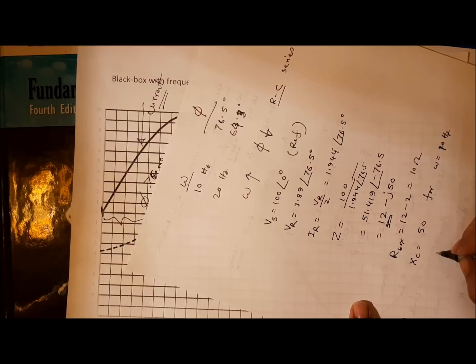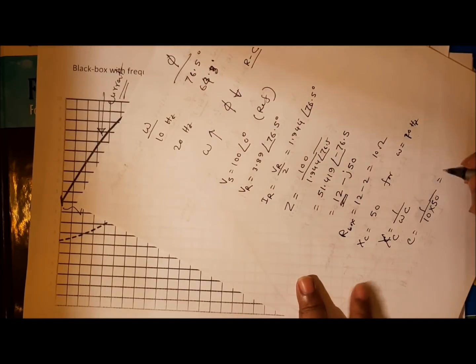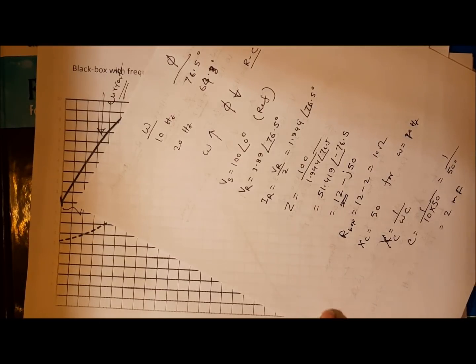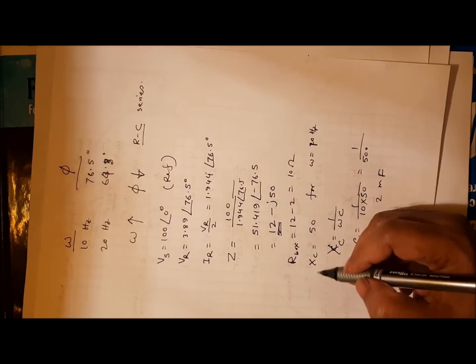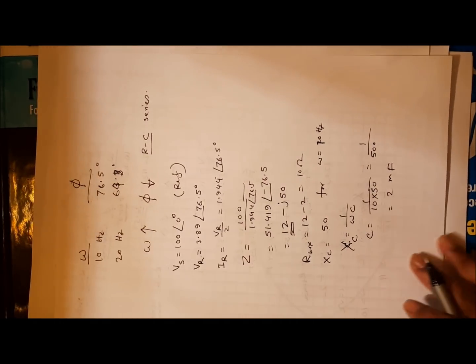You can write XC equal to 1 over omega C. So C will be 1 over omega times 50, so 100 over 500. So it will be 2 millifarads. This is how we can find the unknown value for resistance and capacitance.